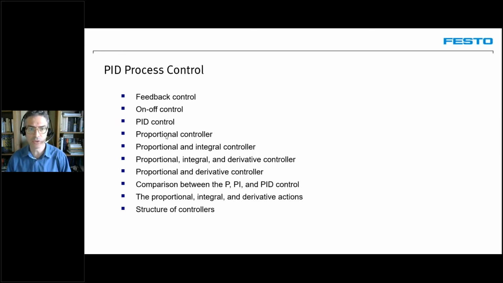First, just proportional control. Then we will add the integral parameter, then add the derivative parameter, and finally have a quick look at the proportional and derivative controller, which is really rarely used. We will do a comparison of these three types of controls and look at different structures of controllers.